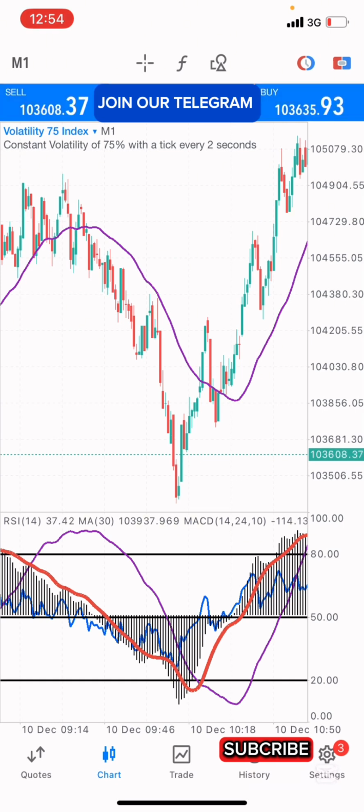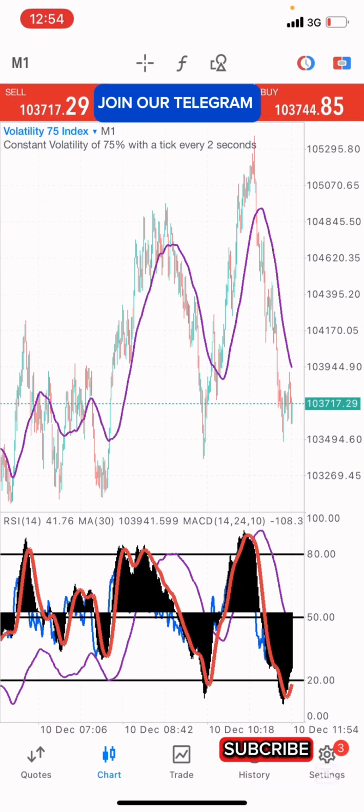Do not zoom more than the third zoom level, because if you zoom more than that, you will not be able to see the price movement on the chart, and you will not be able to get an accurate signal on the chart as well. So you want to trade on the first, second and third zoom level alone. All right, I hope you understand what I said.